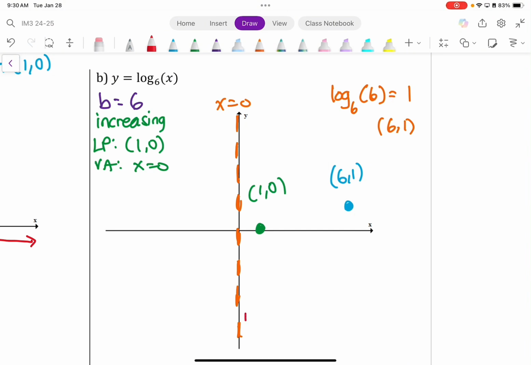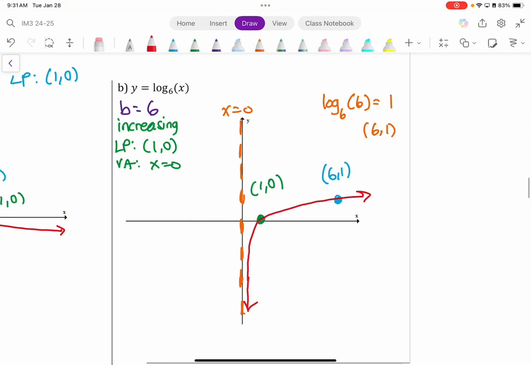Start out by hugging the asymptote. And there you go. Here's your second one. Once again, it's a curve. Start off close to the asymptote, hit the locator point, go through the second point, and show your arrows.